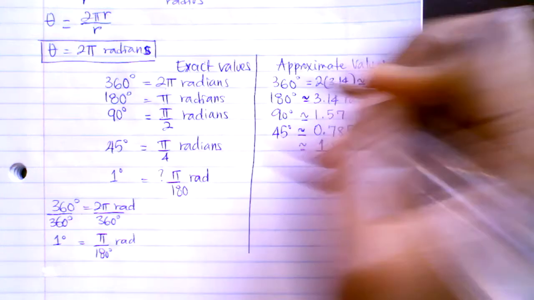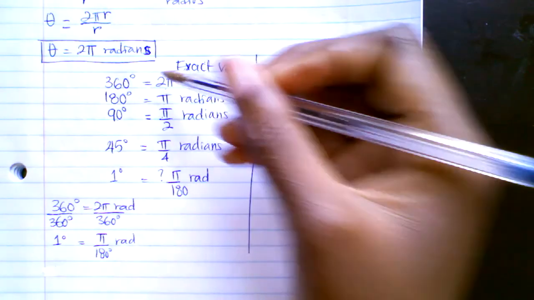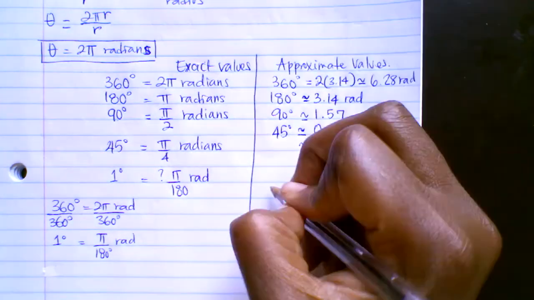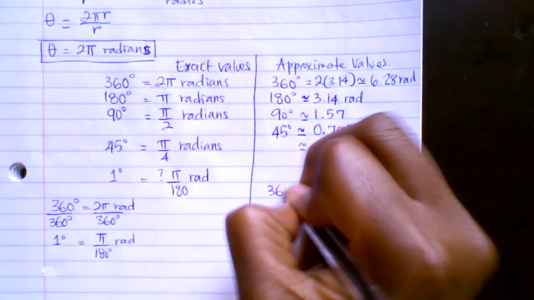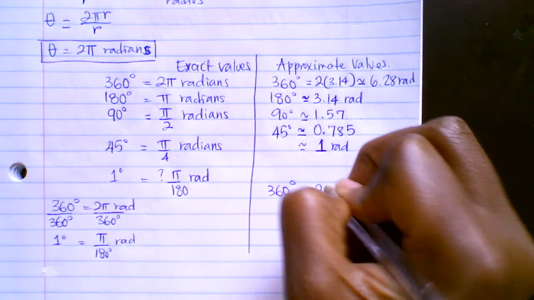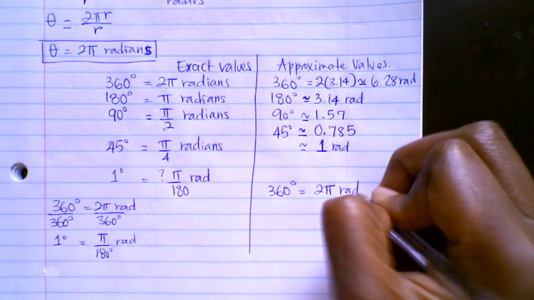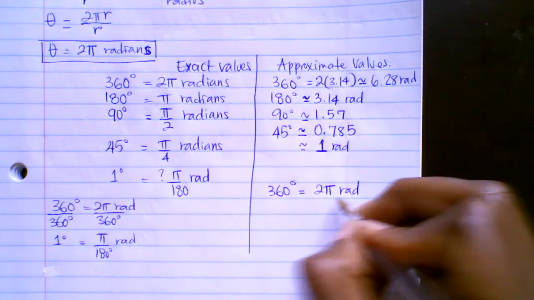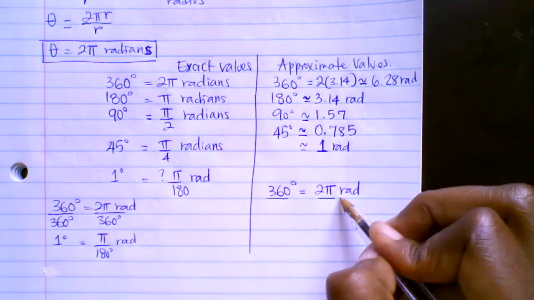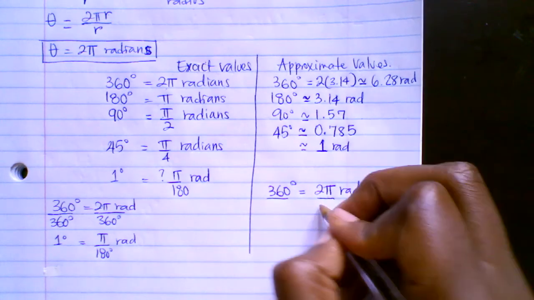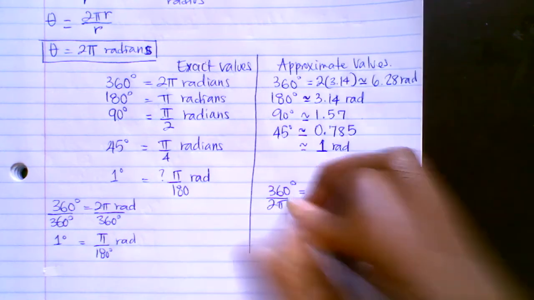So I'm going to start with this relationship here. I know that 360 degrees is equal to 2 pi radians, and I want to find 1 radian. So I'm going to divide both sides by what? If I want to get 1 radian, you divide by 2 pi.